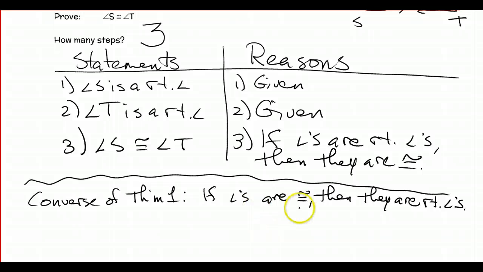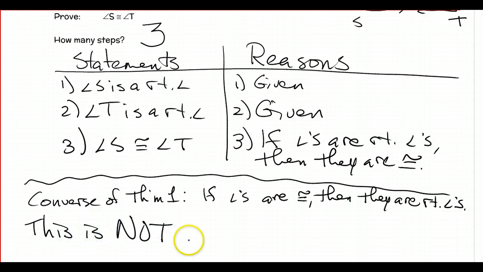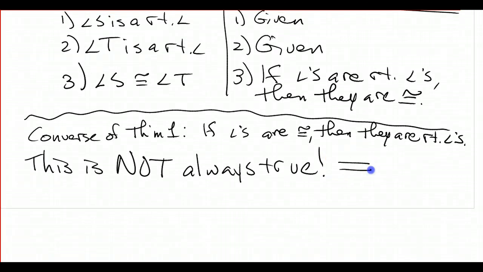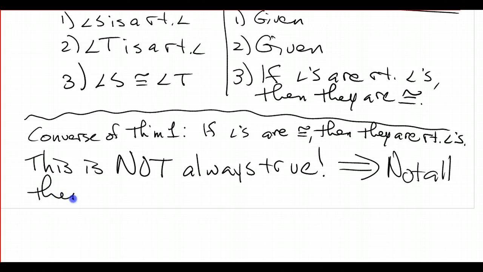So is this true? If any pair of angles are congruent, then they would have to be right angles. Well, hopefully you can see that this isn't necessarily true. This is not always true. Okay? So what this tells us is that not all theorems are reversible.